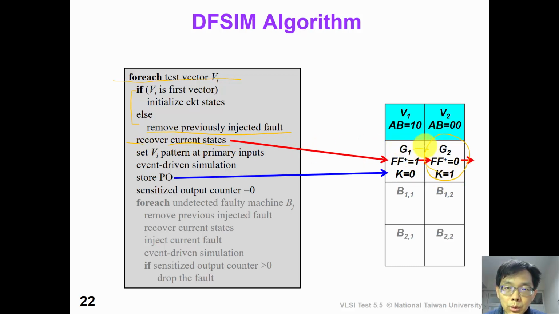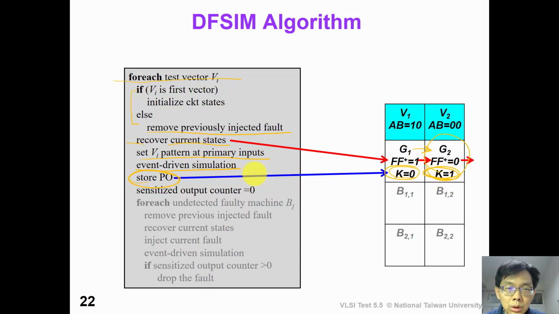For example, we will recover the good circuit state of V2 from V1. And then we set the pattern Vi as the primary input and run event-driven simulation. We store all the primary outputs. In this example, we will store the value of k.